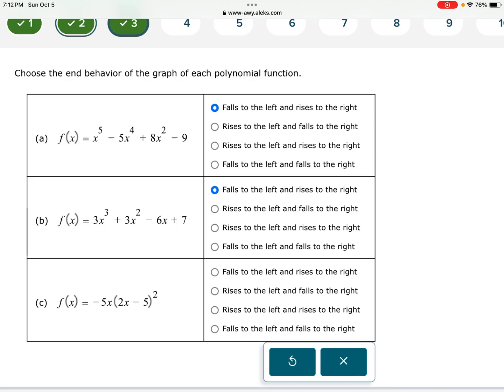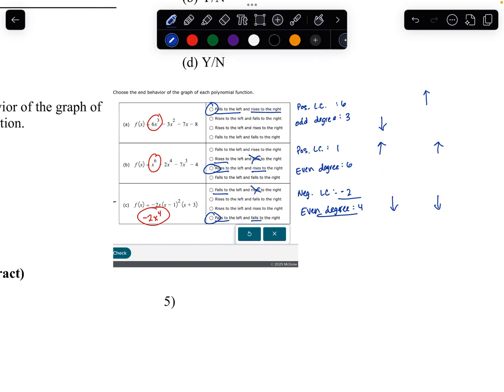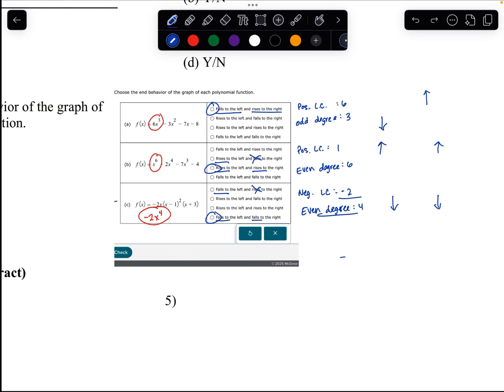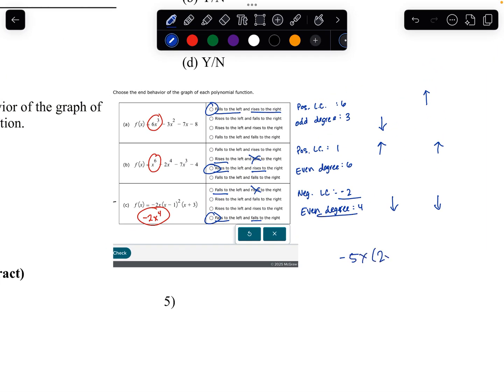For C, now we have a -5. Now this is factored, so the degree, this one's going to be tricky actually. Oh no, not too bad. I wish I could write on this right here. So negative 5x, 2x minus 5 squared is what we have.